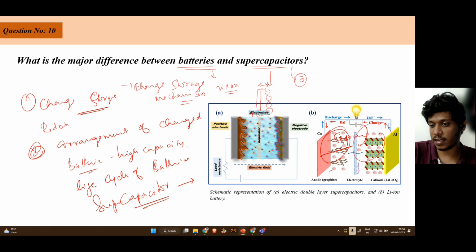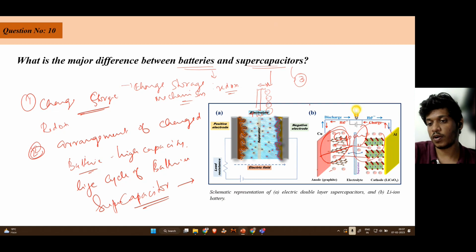Here the cathode material is lithium cobalt oxide. During charging, lithium from the cathode goes towards the anode and gets intercalated into the graphite, and during discharge it travels back.